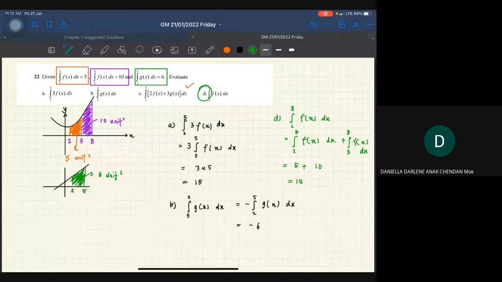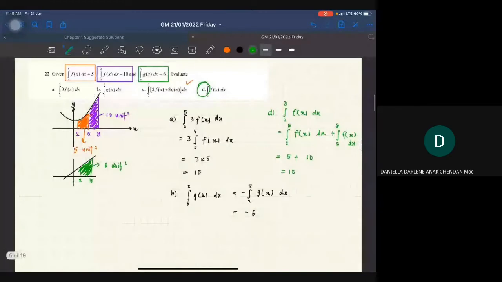Okay, semua orang okey ke untuk this example? Nombor 22. For properties of definite integrals. Any question? Hello? Anak-anak?